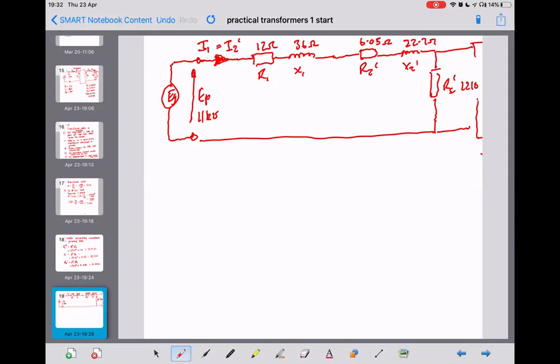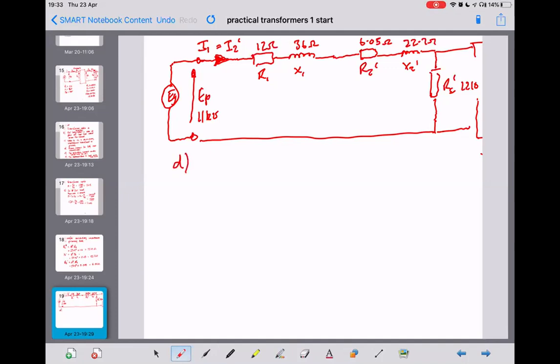Now part D asks us to find the primary current of the fully loaded transformer, if it's supplied with its nominal primary voltage, so that's what we've done. We've got the nominal primary voltage on here.